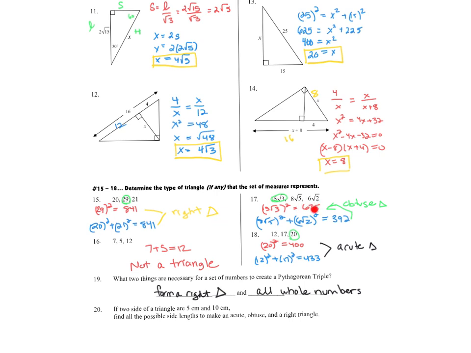If the square of the longer side is greater than the sum of the squares of the other 2 sides, which we have in 17, then we have an obtuse triangle. And then what we have in number 18 is that the sum of the squares of the other 2 sides is more than the square of the larger side, and so what we have is an acute triangle.